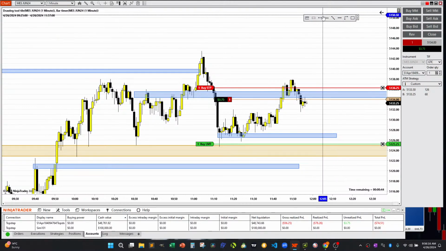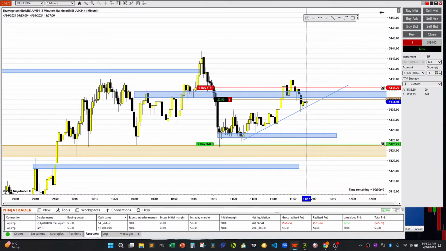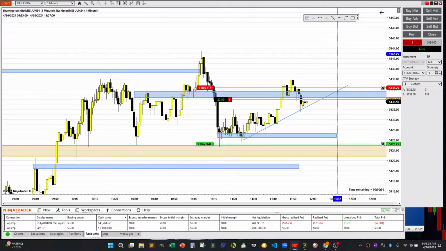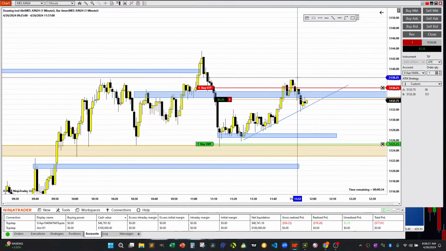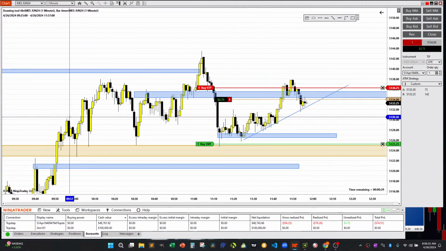A bit of a trend line. Should see a final break. Could also reverse and go long. A bit of support, a little bit of a level, right in this little zone.